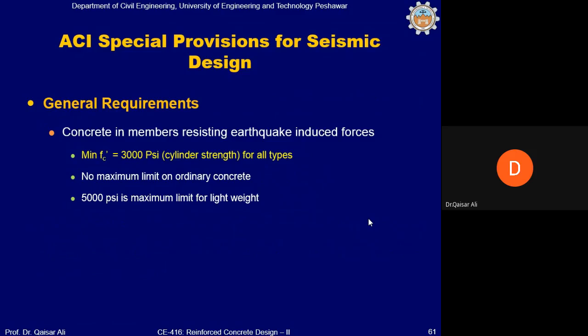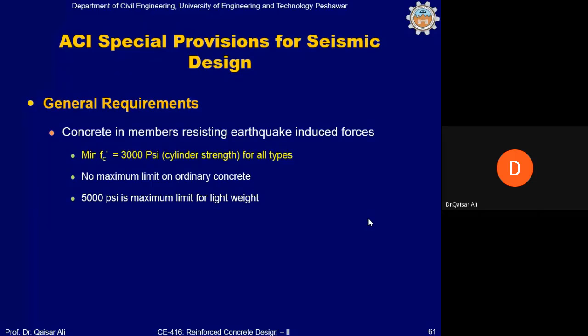If the anticipated behavior is very good, meaning the structure can go through several cycles of inelastic deformation without collapse, and all the damage occurs at the control locations so that life safety is ensured, then the R factor can be kept high. For a special moment resisting frame, the R factor is 8.5.